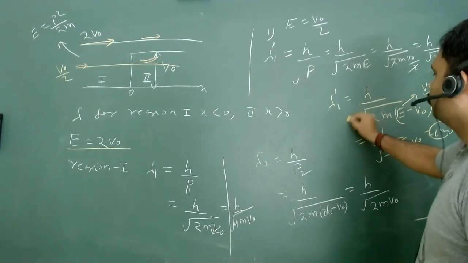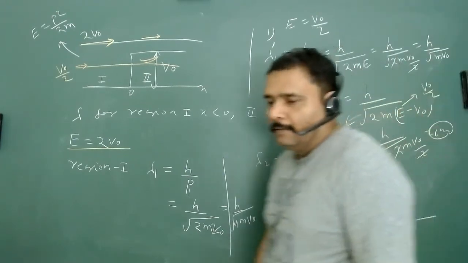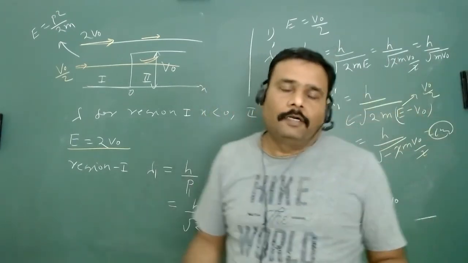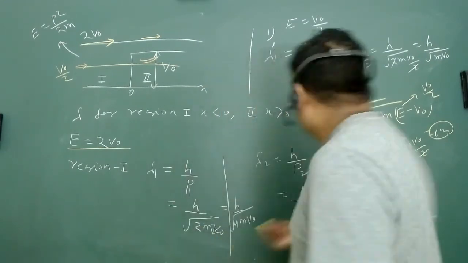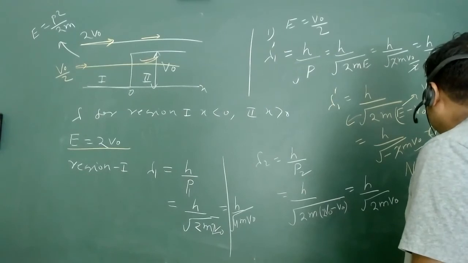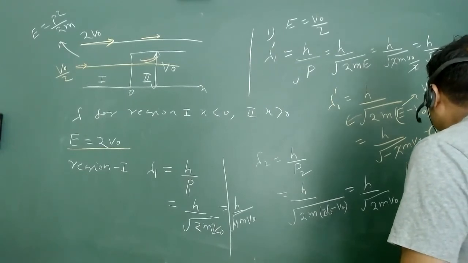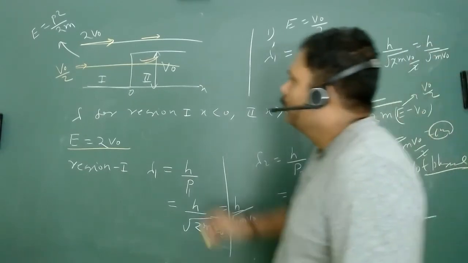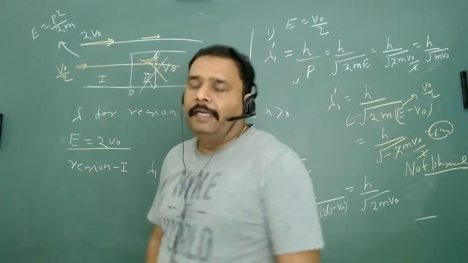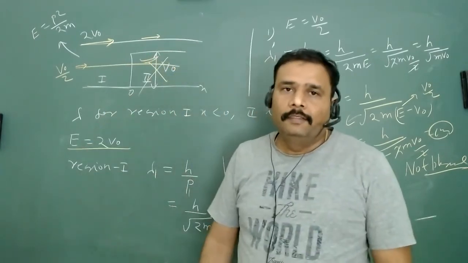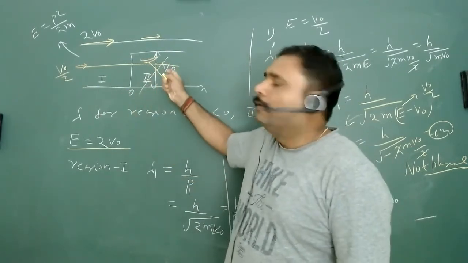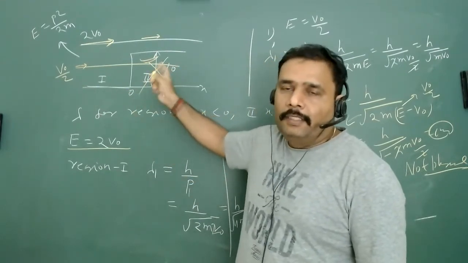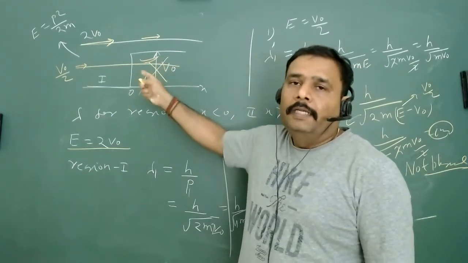So the momentum itself is imaginary. The significance of an imaginary wavelength is not physical, so this is not physically possible. Here we cannot find the de Broglie wavelength, and this is not a classically allowed region because the momentum is imaginary.